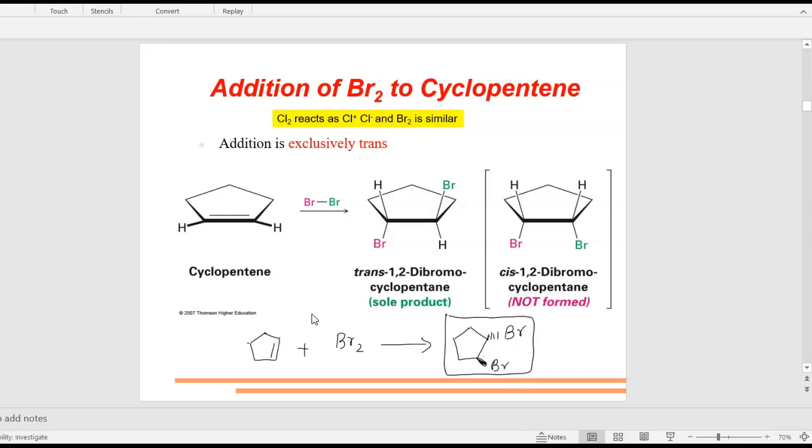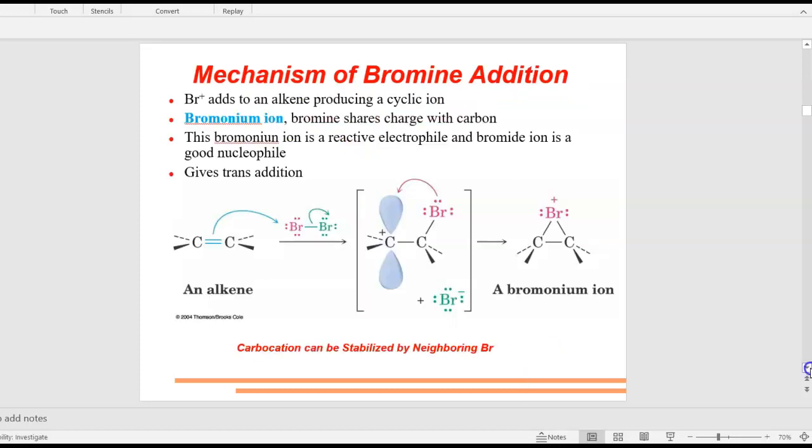That means it's a stereospecific reaction where the anti-addition, as we call it, is what is seen in this type of reaction. Okay, so the mechanism that has been proposed is that it's not a carbocation mechanism, but here the bromine forms a three-membered ring with the two carbon atoms to form a bromonium ion. Okay, so it forms a cyclic ion like this one. And how it is done is, again, the nucleophilic attack on a bromine.